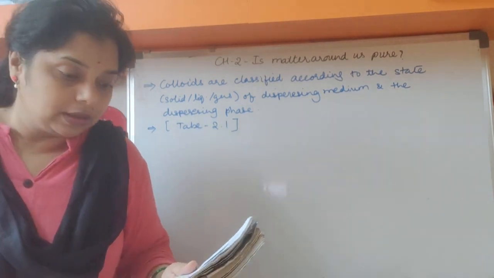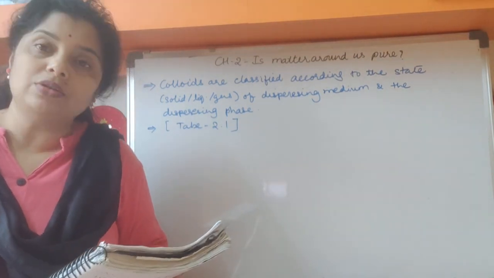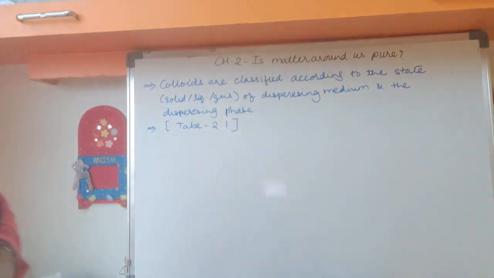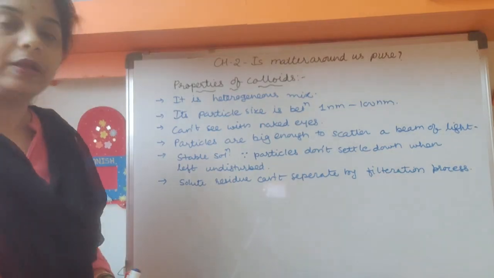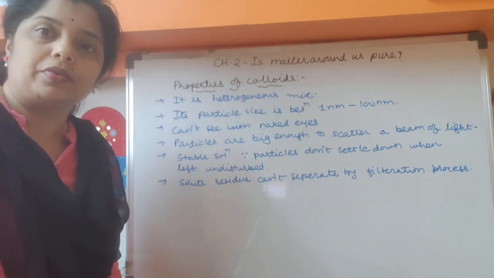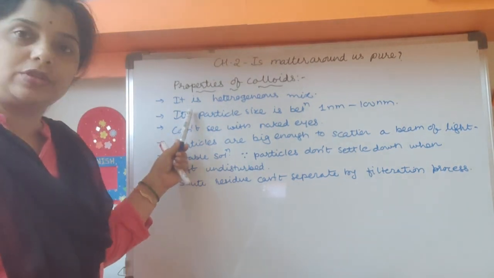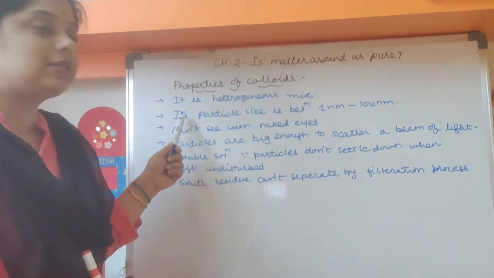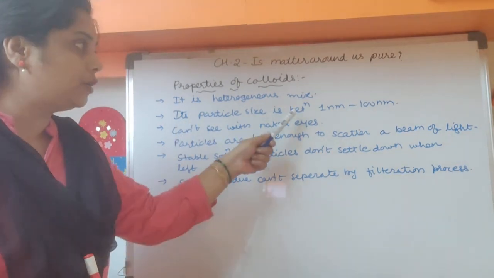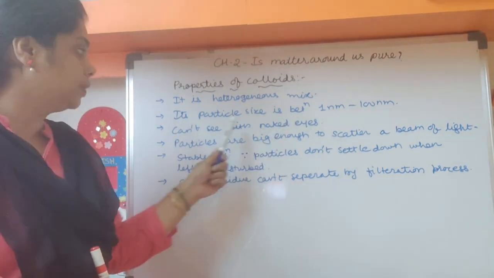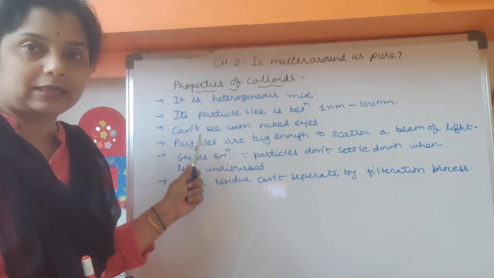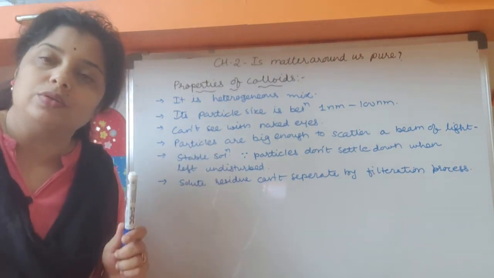Now let's talk about the properties of colloids. As you know, it is a heterogeneous mixture. Particle size is between 1 nanometer and 100 nanometer. We can't see them with our naked eyes, because the particles are too small.